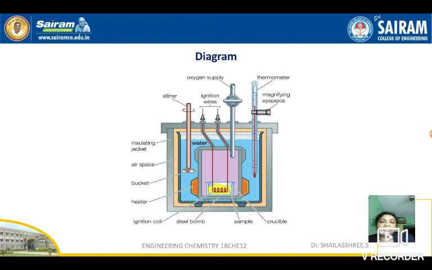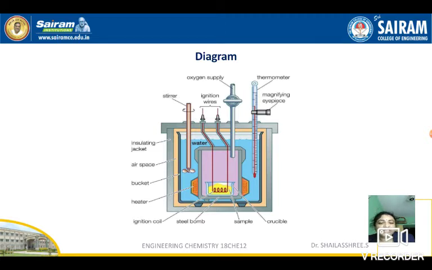The crucible is connected with ignition wires to ignite the fuel, and it also has an oxygen supply. The fuel is burnt in excess of air or oxygen, right? So there will be an oxygen valve for supplying the oxygen. This is made up of a stainless steel apparatus, which is called a bomb.